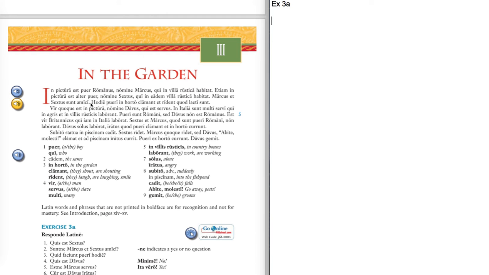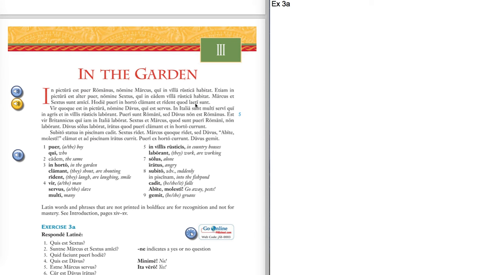You'll see Latin has gender, masculinity and femininity, for all kinds of things that you would never think. A fish pond is feminine, of course, right? But that is the way it is. They have a gender for every noun in existence. So Marcus and Sextus are friends, but they're masculine friends, so they're not amicae, they're amici.